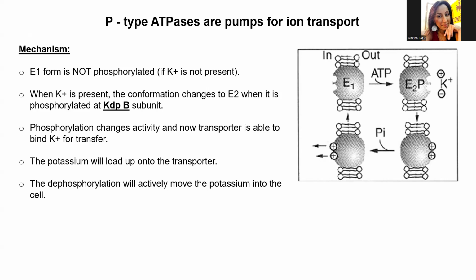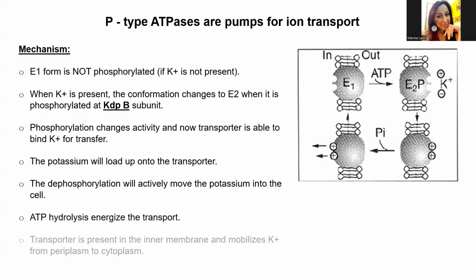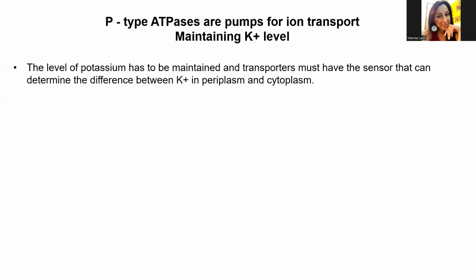The energy for transport, of course, originates from ATP. The transporter is present in the inner membrane, it's an integral membrane transporter, and it mobilizes potassium from the periplasm to the cytoplasm. So this transporter is related to maintaining the potassium level inside the cell.